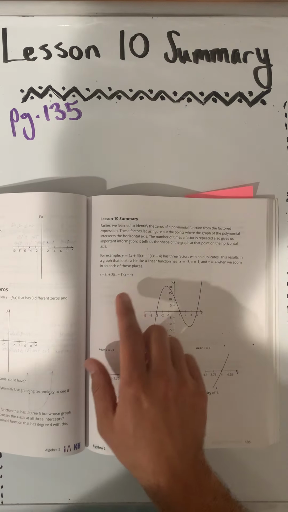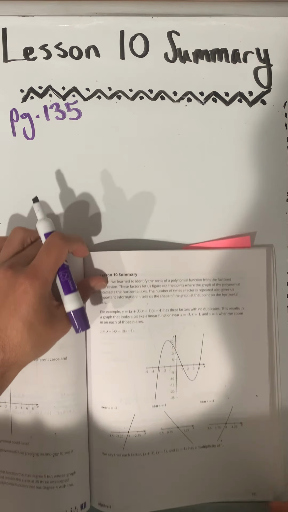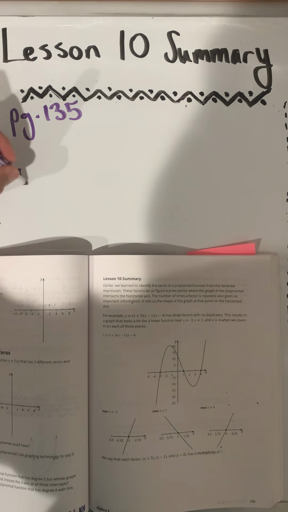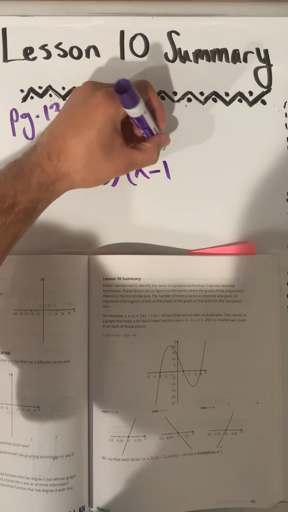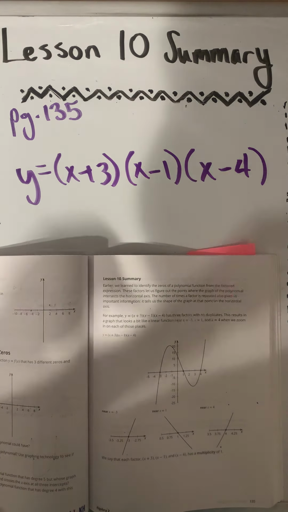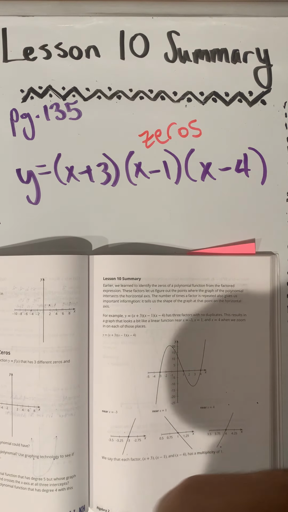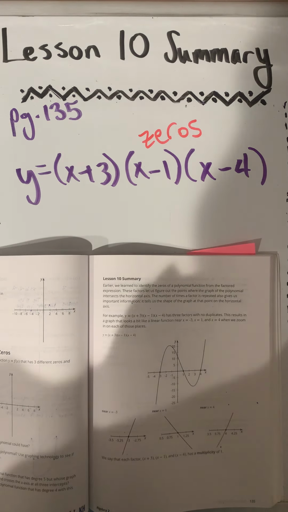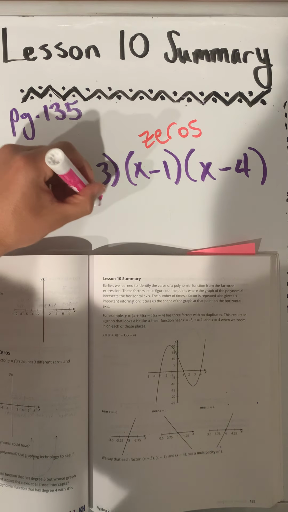All right, so this part here talks about what we did last lesson. So with this equation, we learned about zeros. And we learned that you can find the zeros of this equation simply by changing the sign inside the parentheses.